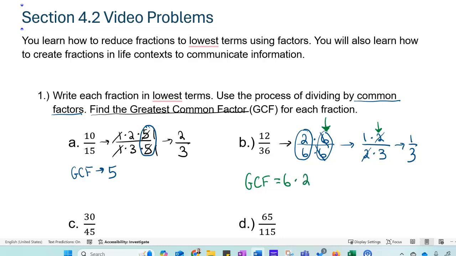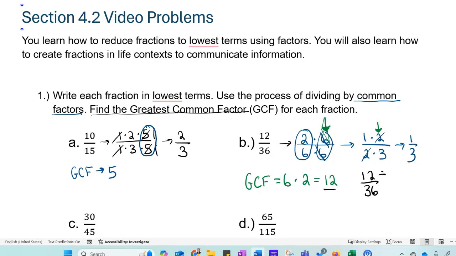So the first number that canceled out times the second number that canceled out, and that gives you your GCF. So let's say, just for kicks, that we went back and instead of doing the 2 times 6 and the 6 times 6, we went up here and we said, okay, well, we know that the GCF is 12.